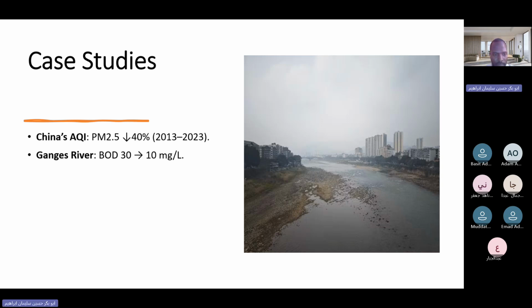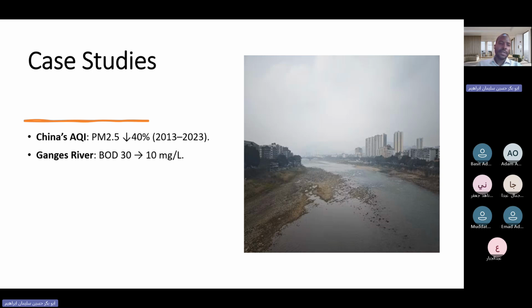Additionally, the Ganges River in India also has BOD, biological oxygen demand, dissolved inside the water. They reduced it from 30 to 10.